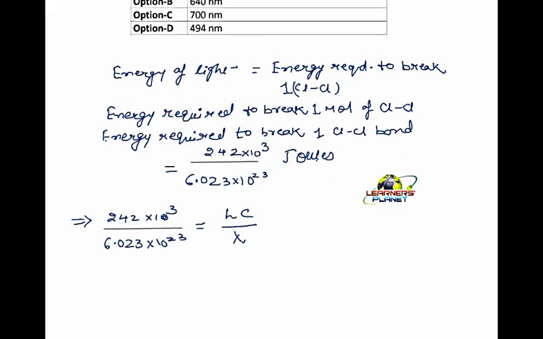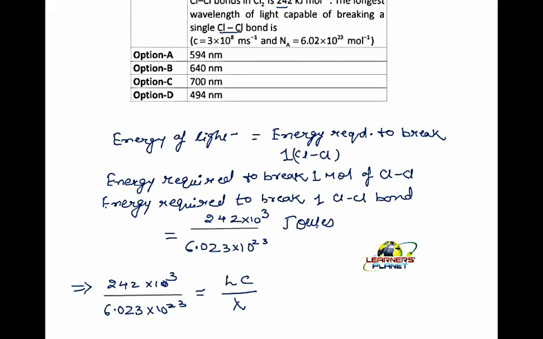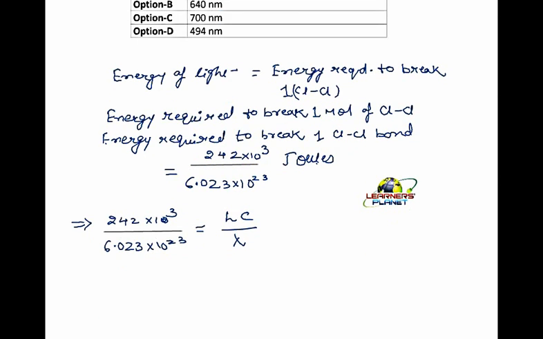Now we know h here. h is 6.626 into 10 to the power minus 34. And c is the velocity of light, that is 3 into 10 to the power 8.